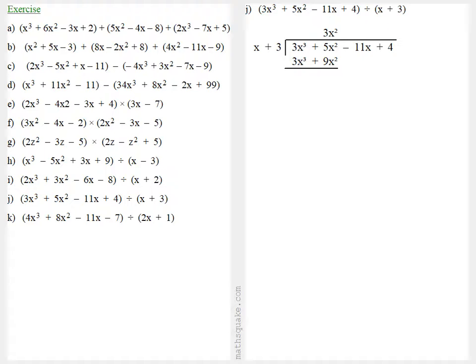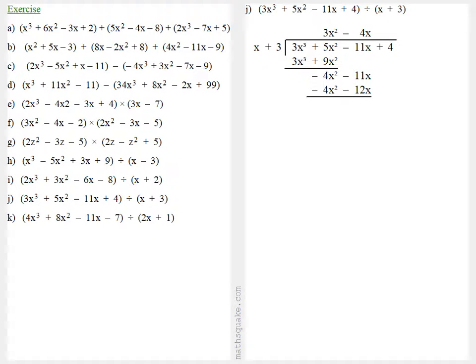We subtract 5x squared take away 9x squared is minus 4x squared, and we bring down the next term, which is minus 11x. We then divide minus 4x squared by x, which gives us minus 4x, and multiply minus 4x with x plus 3. And that gives us minus 4x squared minus 12x.